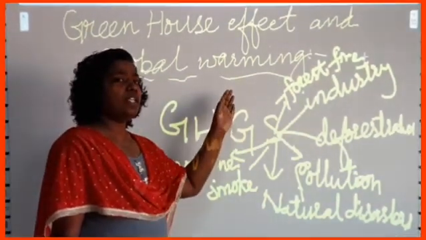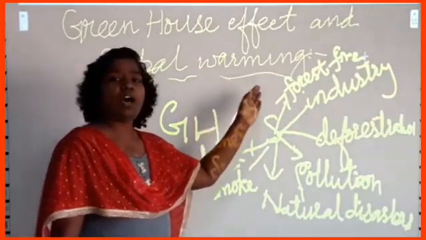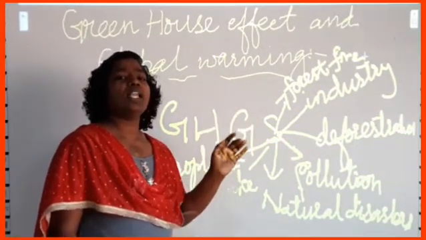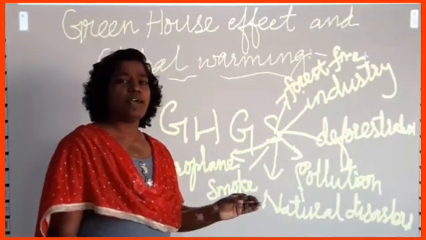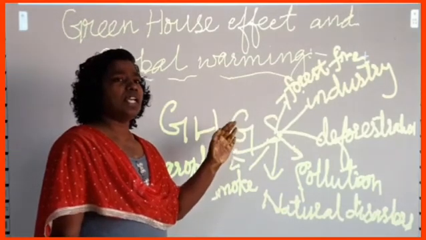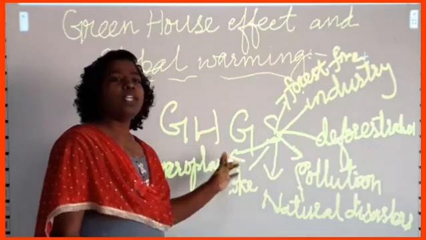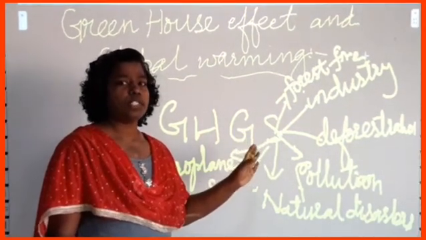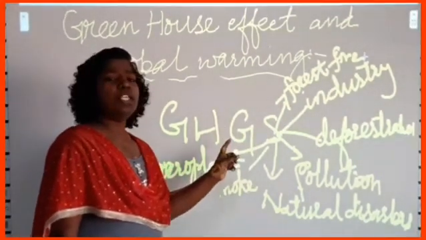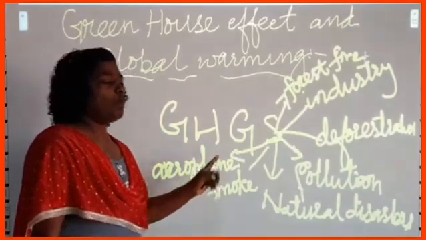We have seen about the greenhouse effect, what the reasons for the greenhouse effect are, how it happens, and what GHGs are. Now we are going to see about global warming.